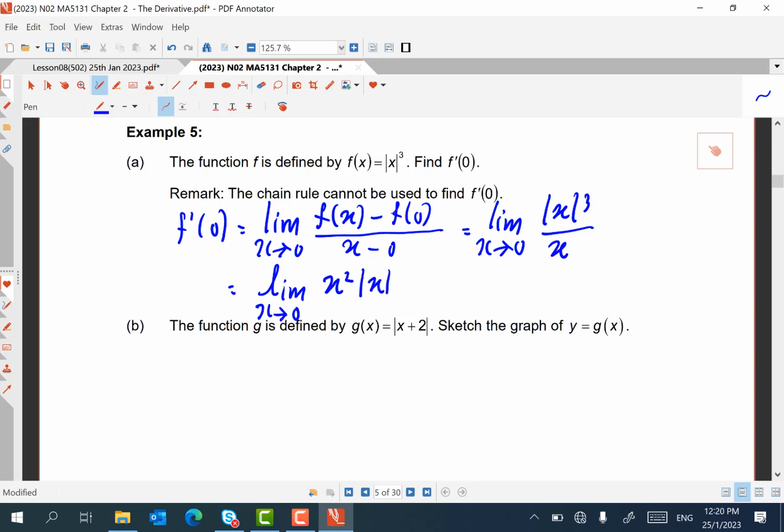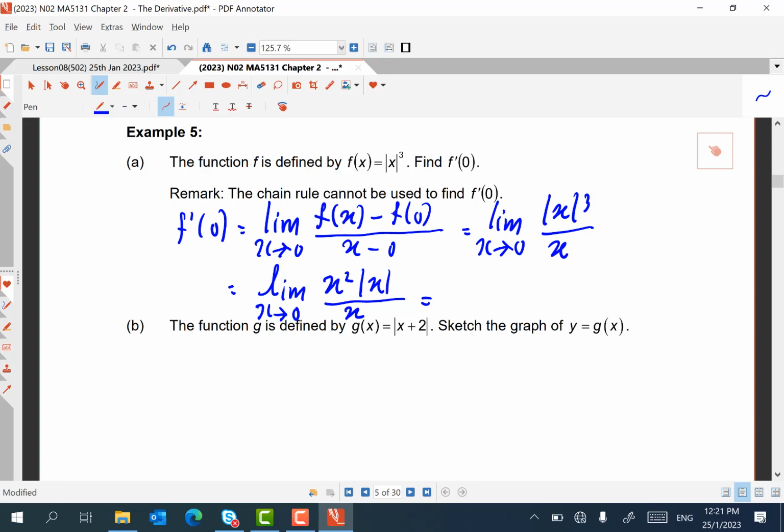And this gives you 0. You can't cancel, no? It's either 1 or -1. But after cancellation, we have a problem.